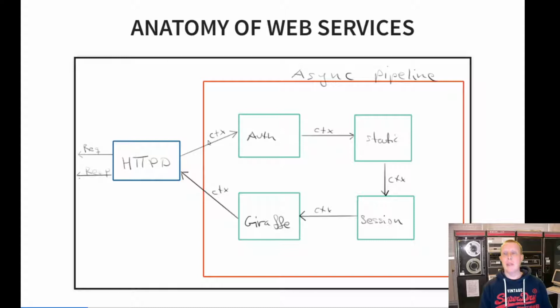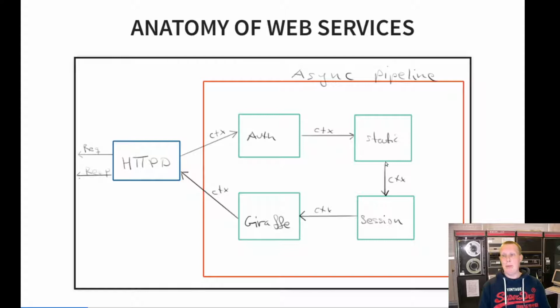But the end result will be an updated context that it can send on to the next part of this pipeline. And here I've added something that checks whether the route of this request was requesting a static file, and then it will go to the file system, pick up that file, and add that to the response.